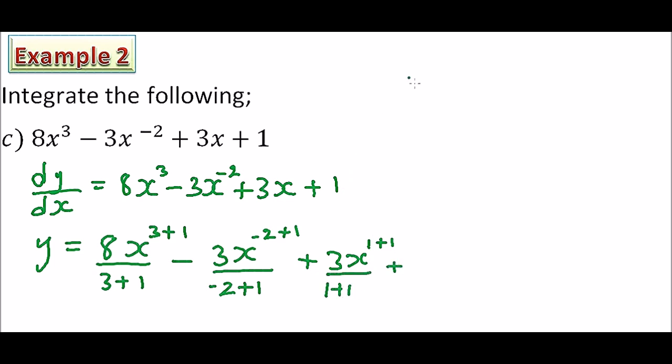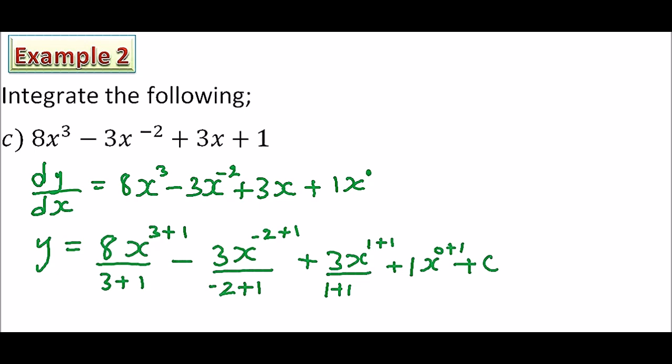Here, when it is a constant, x is to power 0. So we write 1x to the power 0 plus 1 divided by 0 plus 1, plus a constant.